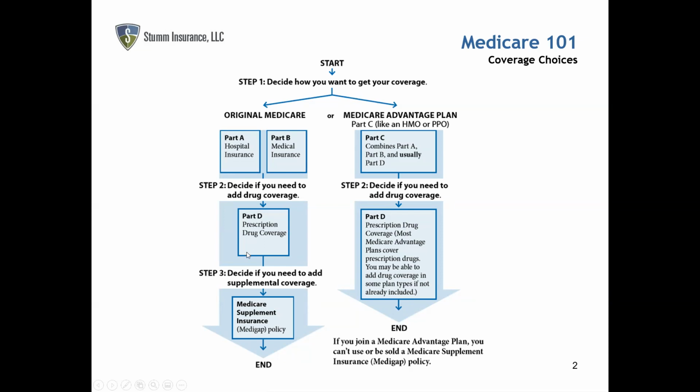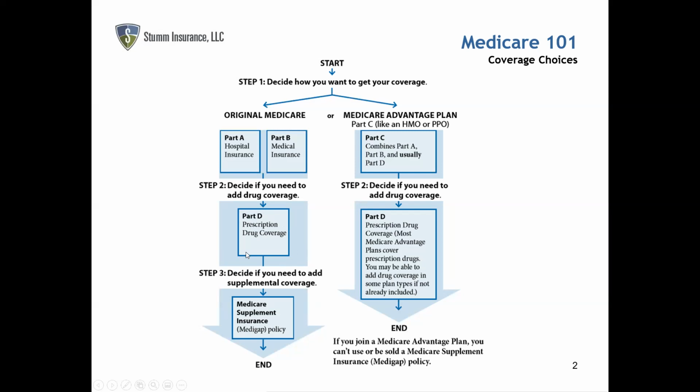When I'm assisting someone, I'll say, okay, well, let's talk about what types of prescriptions are you taking? What pharmacies do you like? And there are drug calculators that can help you narrow down all the different plans that are out in the market to find that one that's suitable for your needs.